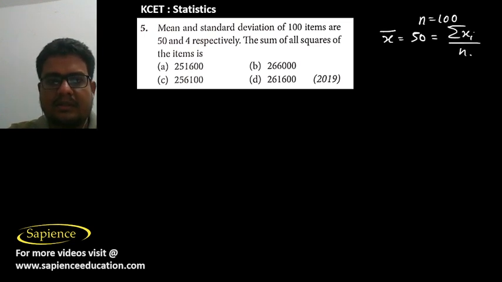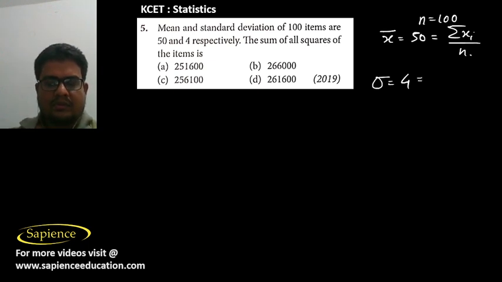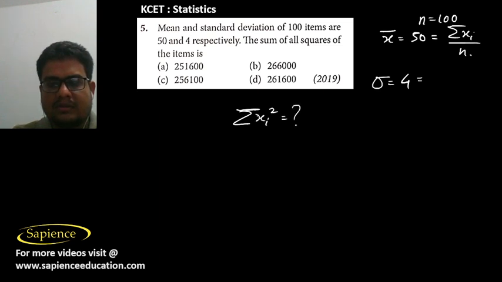And the standard deviation sigma is equal to 4. It means we have to find the sum of xi square, that is, the sum of the squares of all the items.